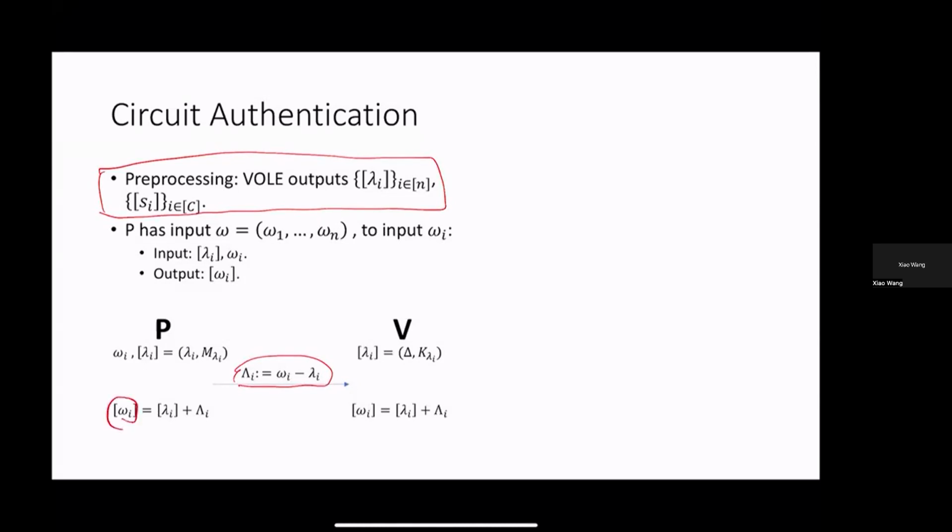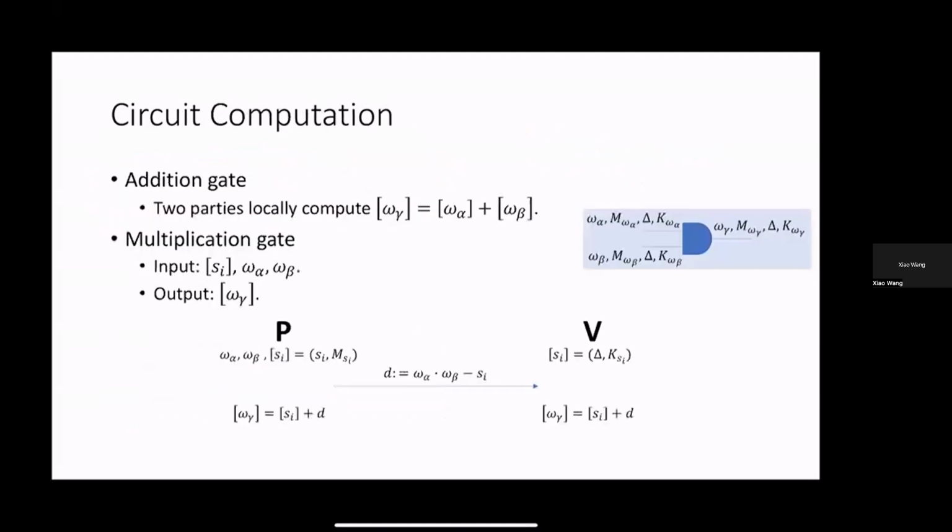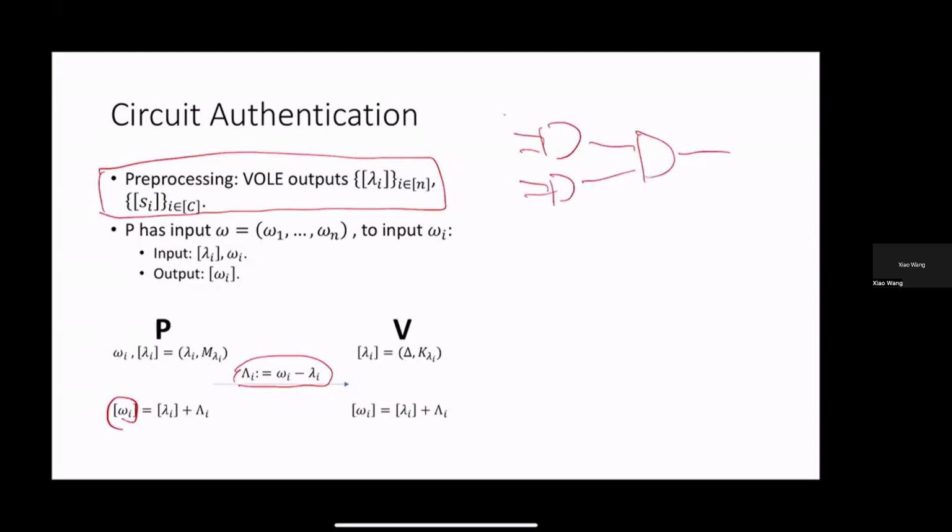Let me draw a circuit just to make it clear. So this would be the W_i's. The input layer is going to be the W_i's. The first step is to let the two parties obtain the authentication of the input wires W_i on the first layer.